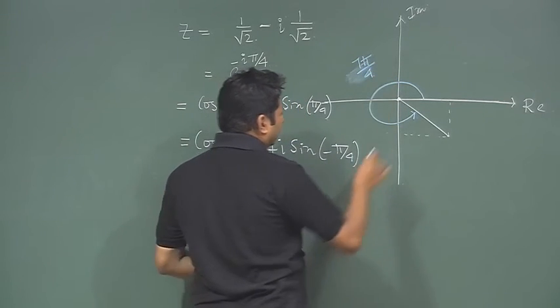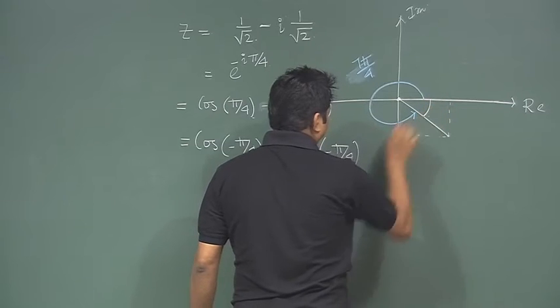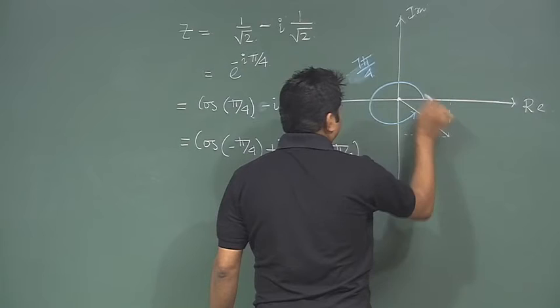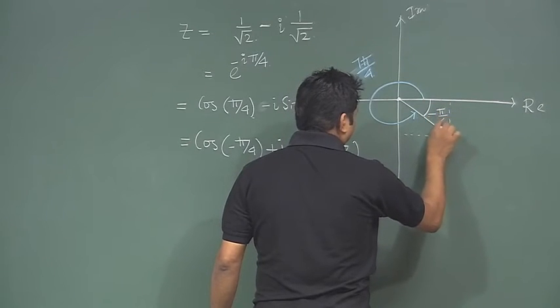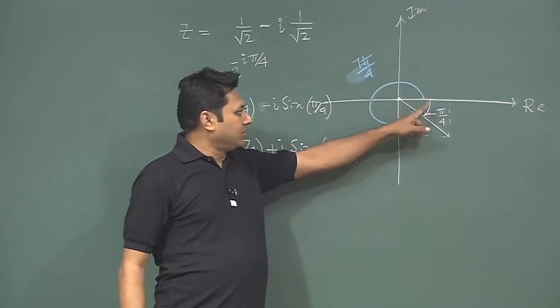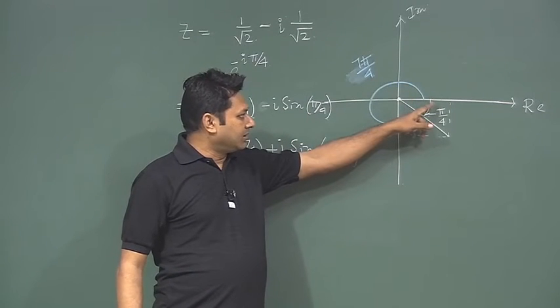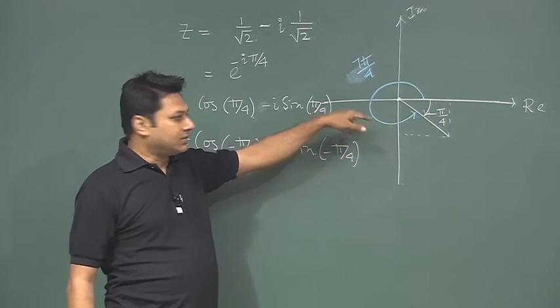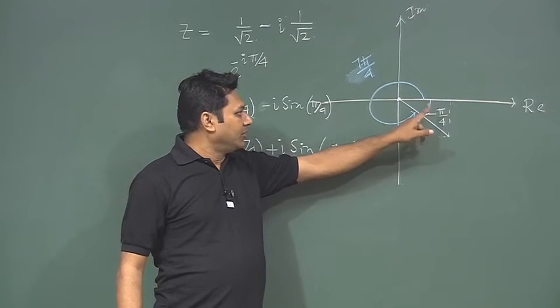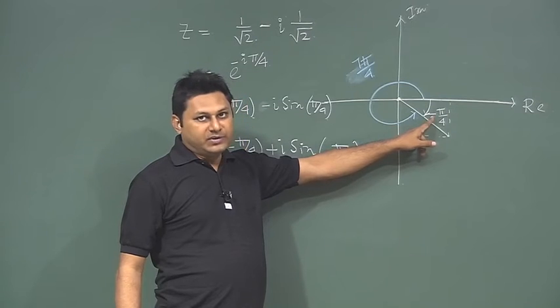And you can also have this quantity, which is minus of pi by 4, because this is anti-clockwise, and you are measuring this as clockwise. Clockwise we normally put as negative. But the question is which theta is the principal value.